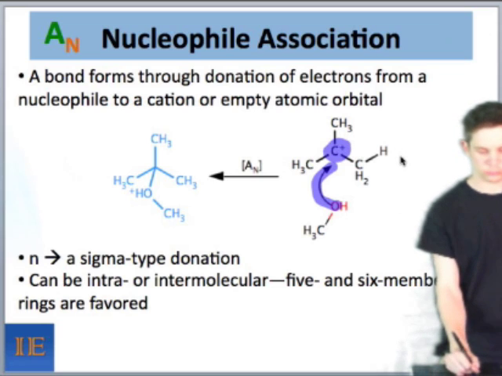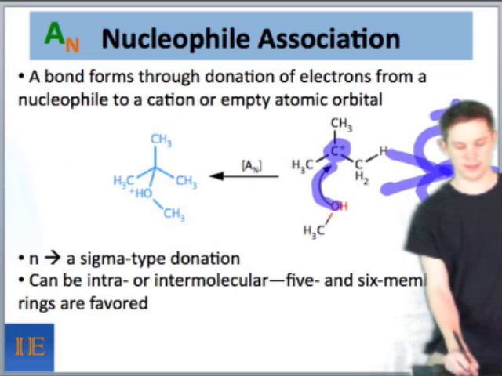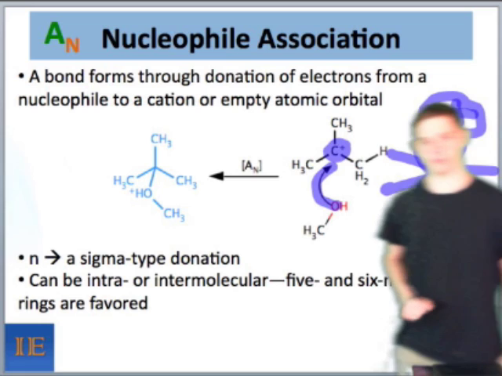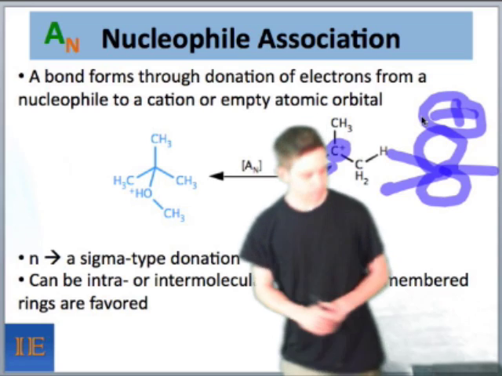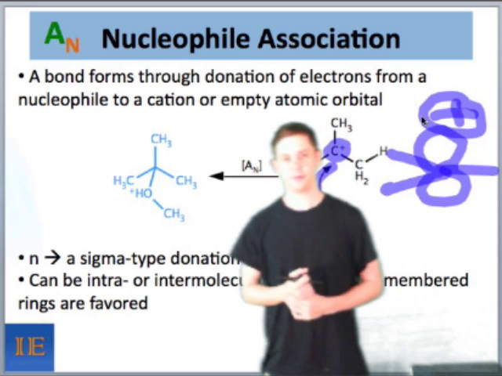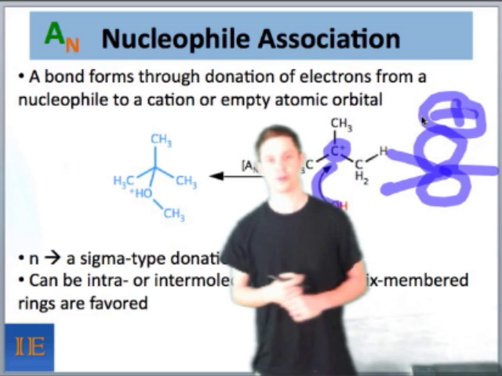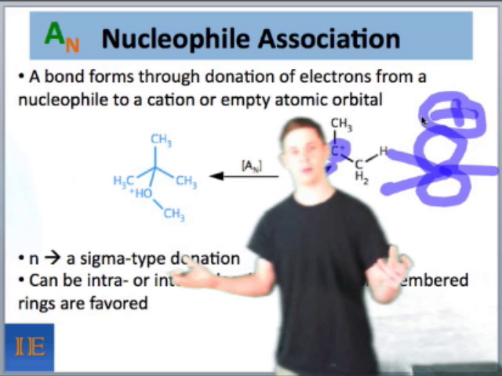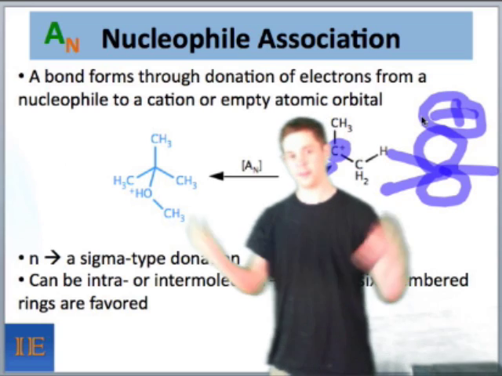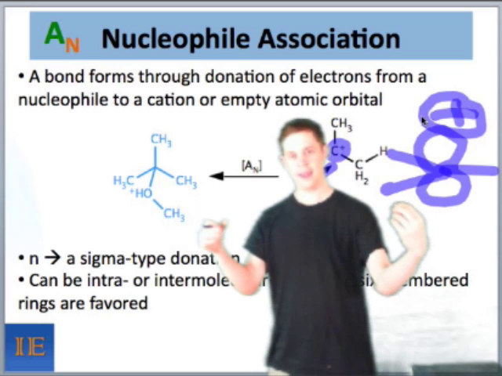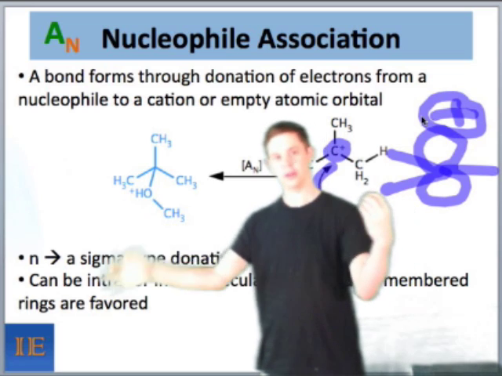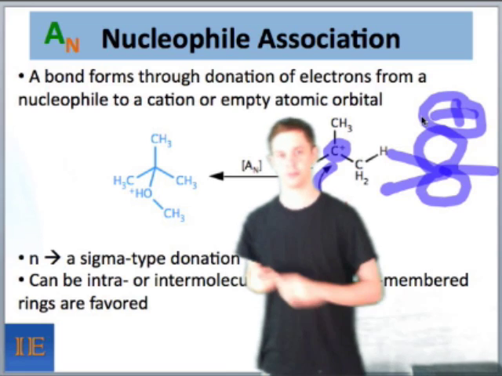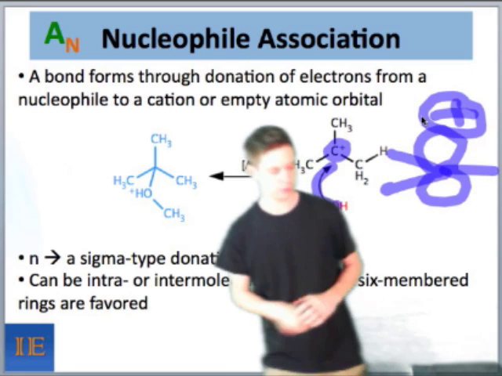For cations, and we'll see this again, that empty orbital is almost always going to be an atomic p orbital. We've seen that before in looking at cation structure. Now, these kinds of reactions can be intra or intermolecular, meaning that two separate molecules can come together, or within a single molecule, a cation and a nucleophile elsewhere in the molecule, like an alcohol, can come in and form a cyclic structure. So they can be intra or intermolecular.